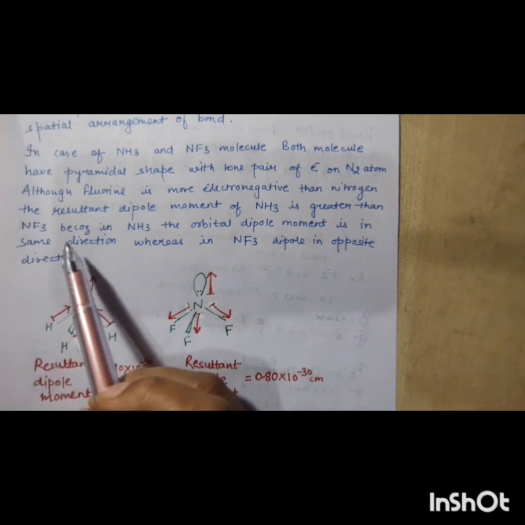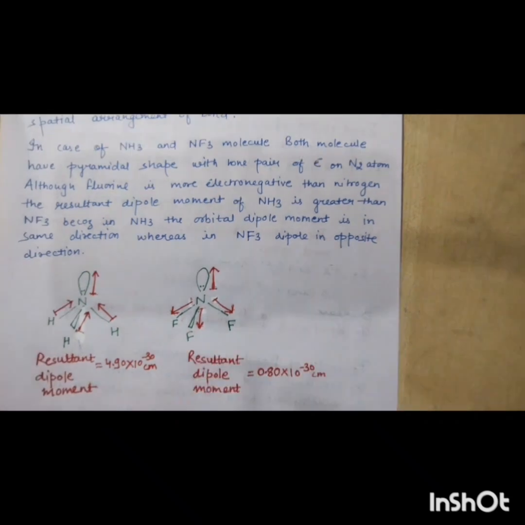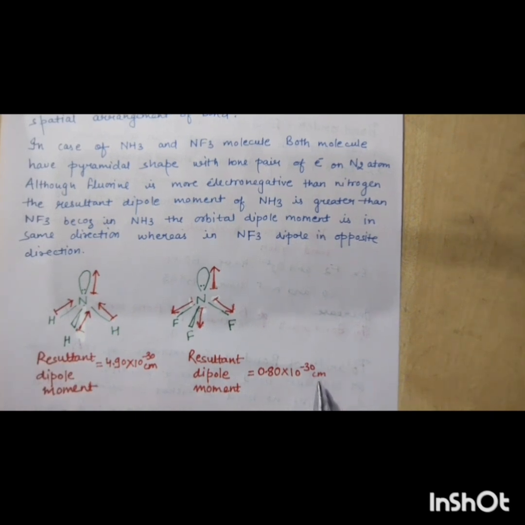So the net dipole is approximately 0.80 into 10 to the power minus 30 coulomb meter. And in NH3 the net dipole moment is 4.90 into 10 to the power minus 30 coulomb meter.